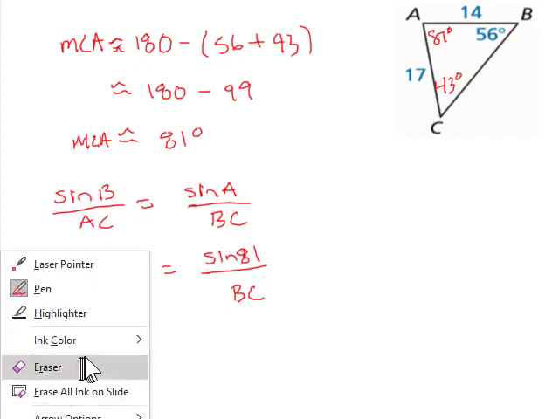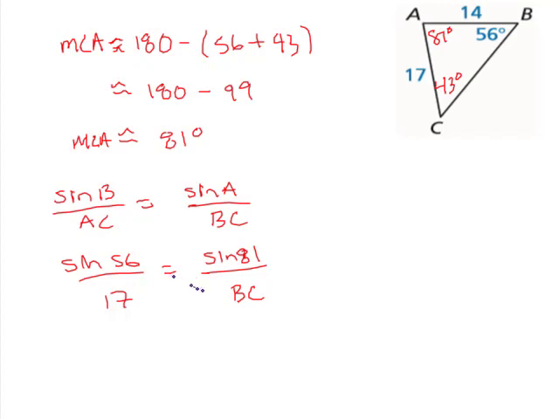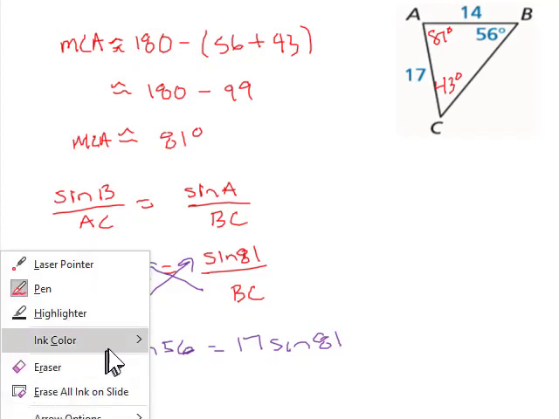Once we have that, we can cross multiply. That leaves me with BC times the sine of 56 is equal to 17 times the sine of 81. We can divide both sides by the sine of 56.